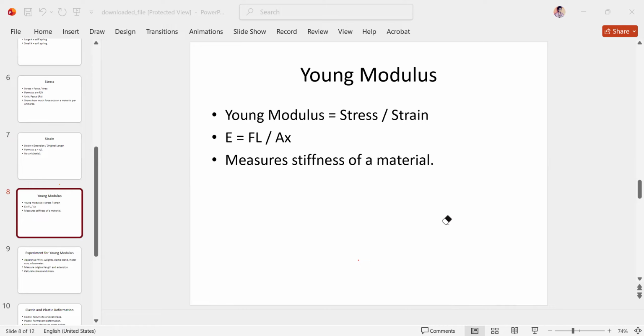Young tells that the ratio between stress over strain is called Young's modulus. We apply the formula stress over strain.